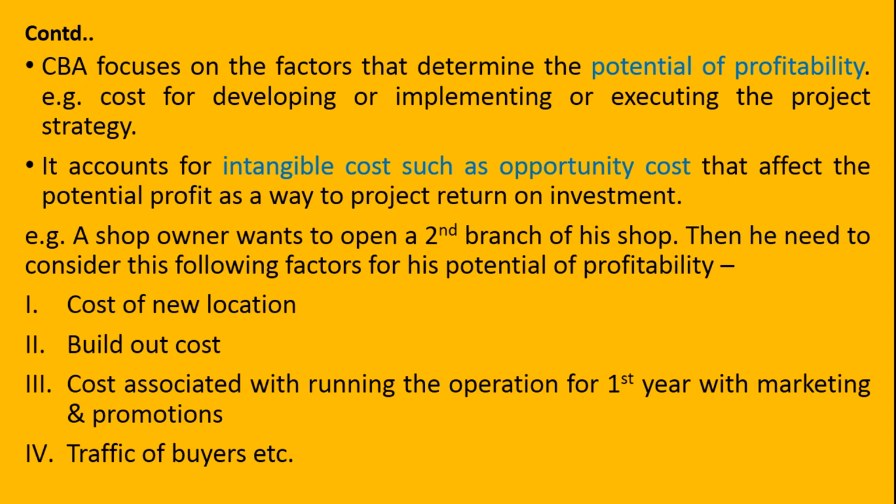Then he also has to invest in marketing and promotion for his shop for a minimum of 1 year. Then traffic of buyers, etc. These are the factors which have much impact on potential of profitability. So a shop owner must consider these factors to increase his potential of profitability.